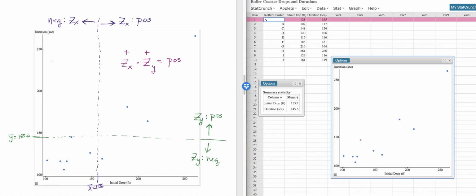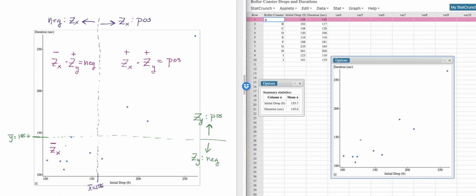Let's take a look over here. Well, now the z-score for the x coordinate is negative, right? It's to the left of this line, times the z-score for the y coordinate is positive because we're above the y mean line. Negative times positive is negative. Down in this quadrant, the z-score for the x is negative.